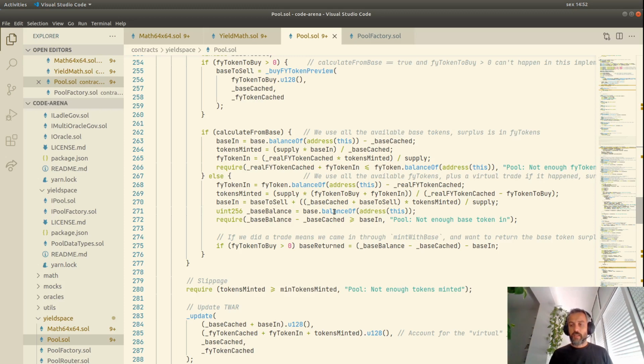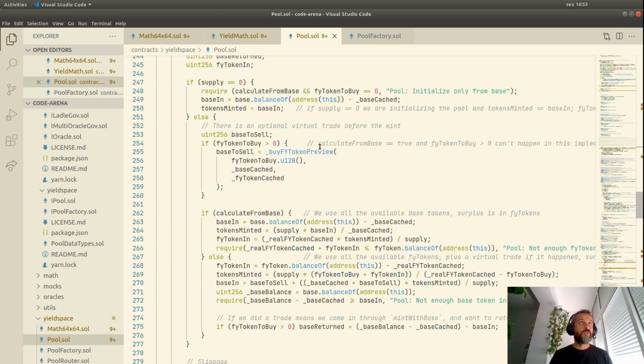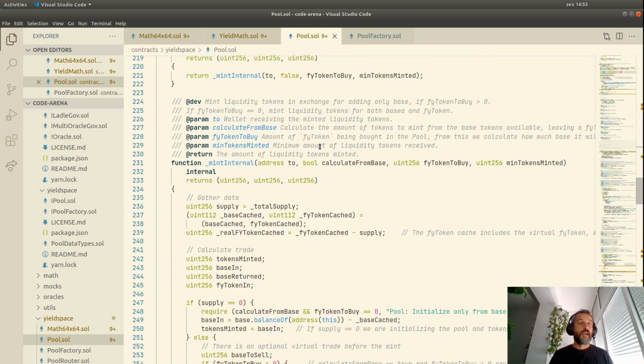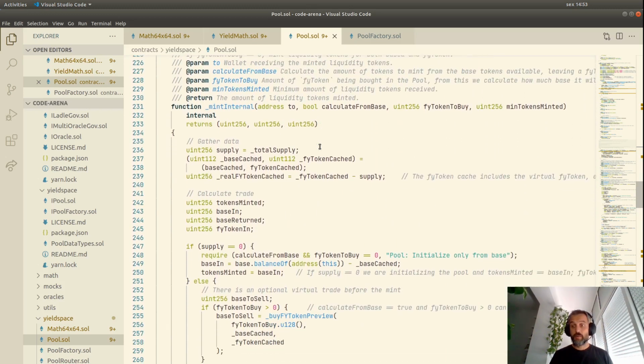In our case, we decided that it was more convenient to just let the users provide DAI, have the pool do an internal trade, convert part of that DAI into FY DAI, and then add the liquidity so that the users could do it with just one transaction. In V1, we did this with an external contract that would do all the calculations, and it was hideously expensive. So in V2, we decided to just do an internal virtual trade.